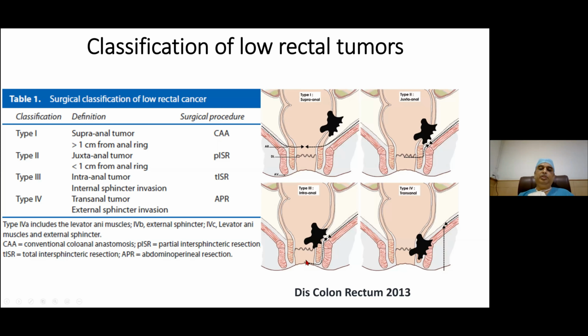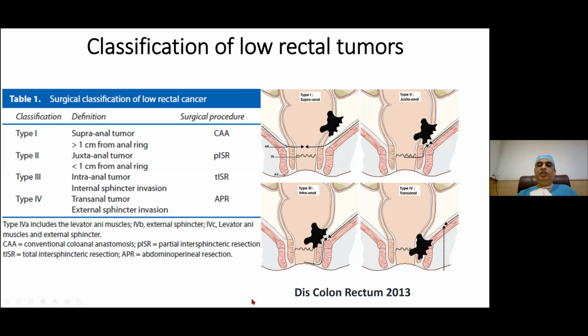Then one can do a total ISR with a hand-sewn coloanal anastomosis. But if the tumor is transanal or type 4 low rectal cancer, the tumor has involved the internal sphincter as well as the intersphincteric groove. So you can't preserve the sphincters, and then you have to do an APR or extralevator abdominoperineal excision. So this classification is very important in planning or taking a surgical decision.